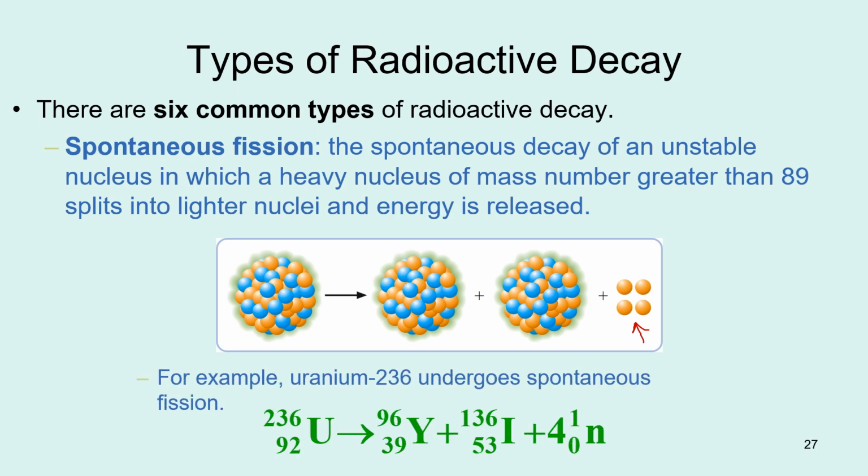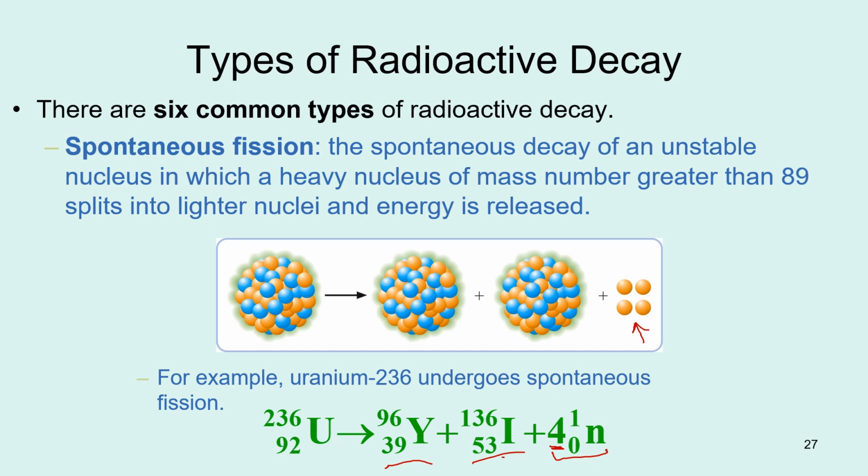Here's an example. Uranium-236 decays under fission, and you can see that the products are yttrium-96 with 39 protons, iodine-136 with 53 protons, and four neutrons. I do want to note that if you see a coefficient here, make sure to count them all.